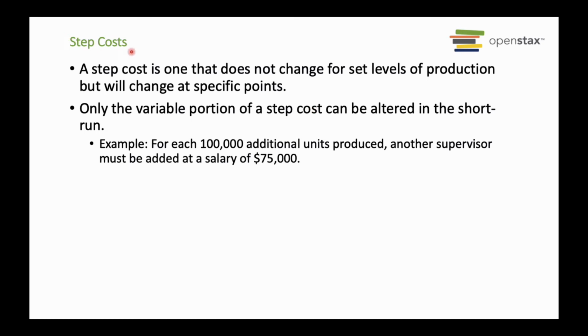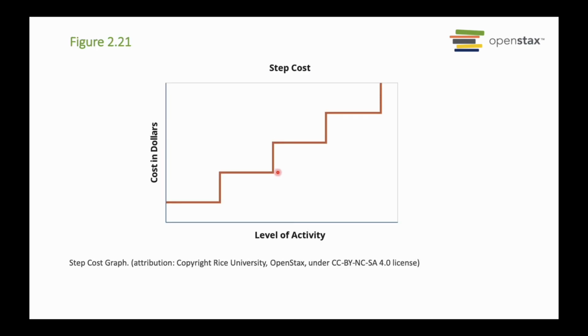Step costs. A step cost is one that does not change for set levels of production but will change at specific points. Only the variable portion of a step cost can be altered in the short run. An example: for each 100,000 additional units produced, another supervisor must be added at a salary of 75,000 Rand per annum.